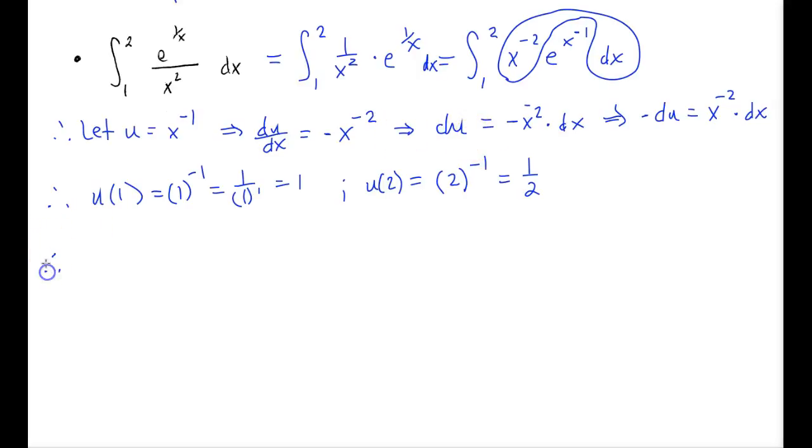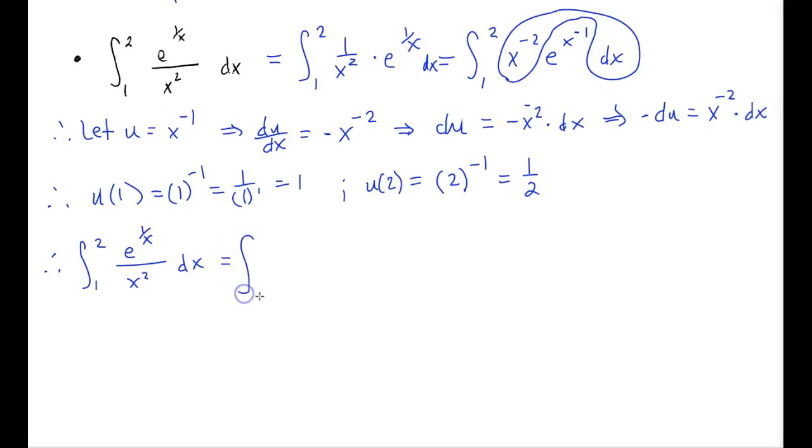So now that we have all that in play, we know that we take the integral from 1 to 2 of e raised to the 1 over x divided by x squared dx.